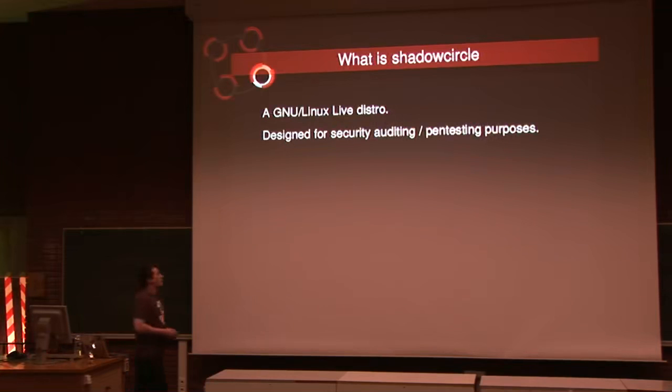So, like I said, shadowcircle is a GNU Linux live distribution, so you can use it live like backtrack. So mainly designed for security and auditing purposes. And it embeds a full set of tools like backtrack.